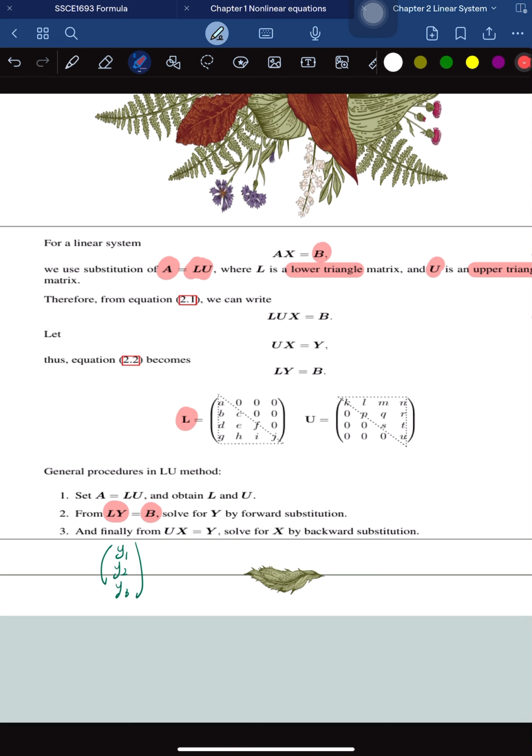After we get the value of Y, we solve UX equal to Y. So now we can get the value of X, let's say X1, X2, X3.